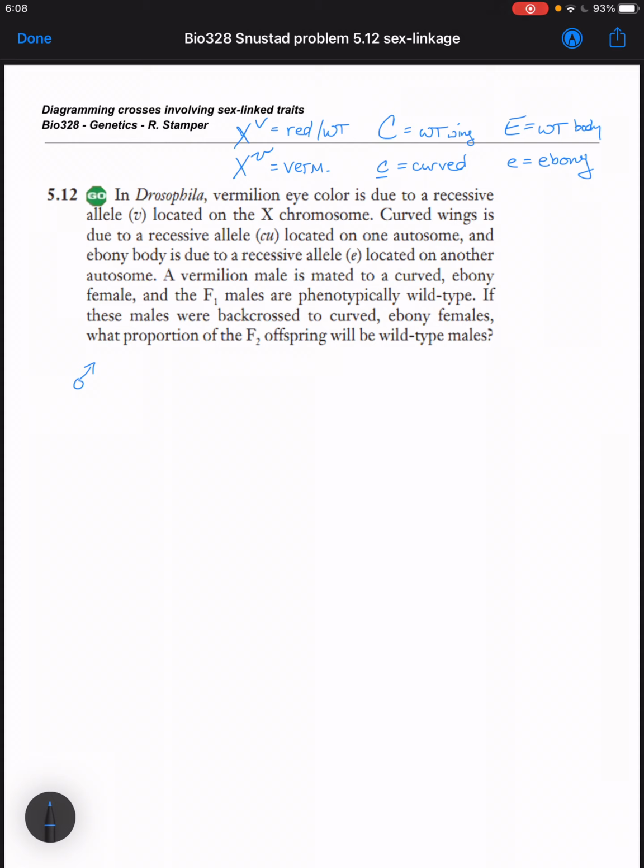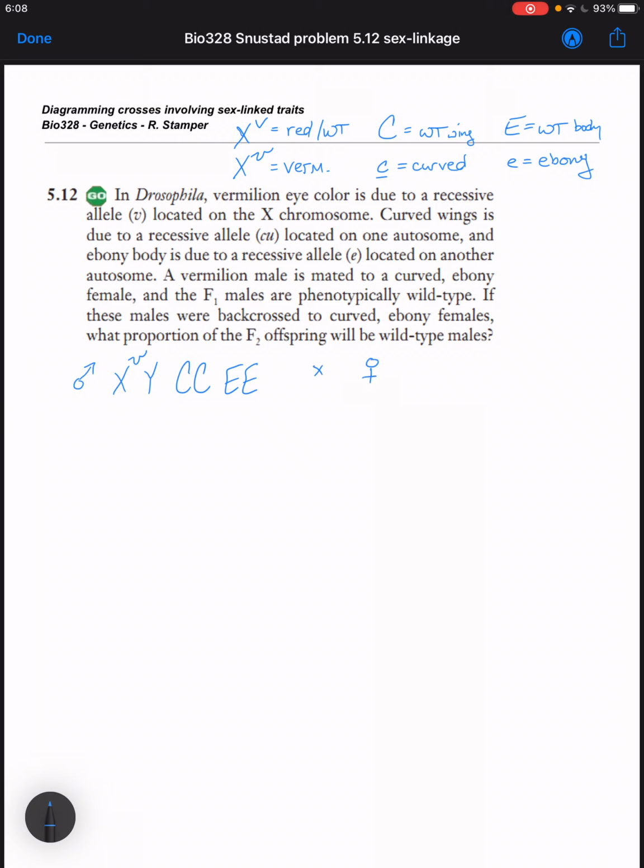So what I can assume is that it's a vermilion male. That tells me it has XY because it's a male. And on that X chromosome, I've got my vermilion mutant allele. I also can assume that the rest of the fly is true breeding wild type because the problem didn't tell me anything different. So there's my male genotype.